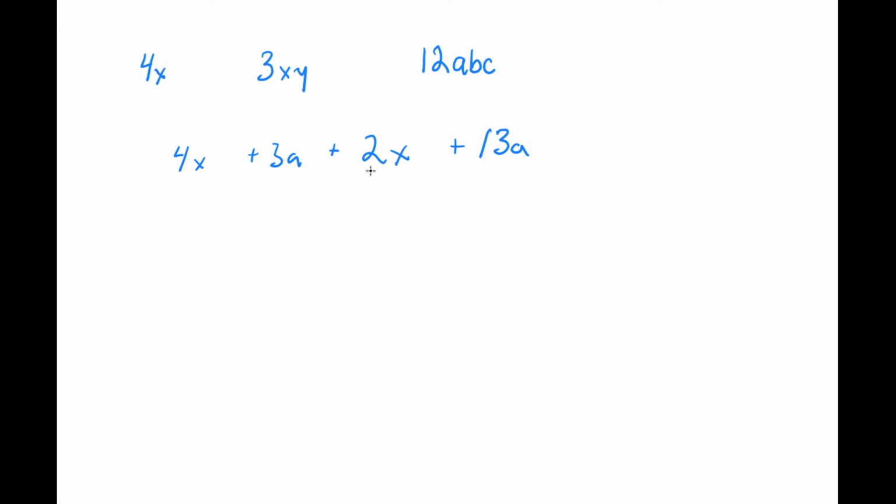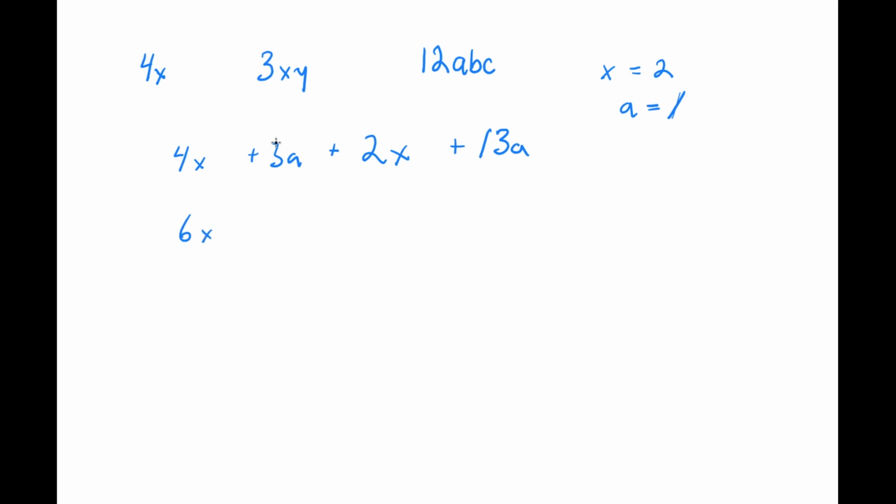Let's say, for the sake of argument, that x is equal to 2 and a is equal to 1. We'll just say 1 because that's an easy number to do. All right, so if we added these two together, we would have 6x, right?